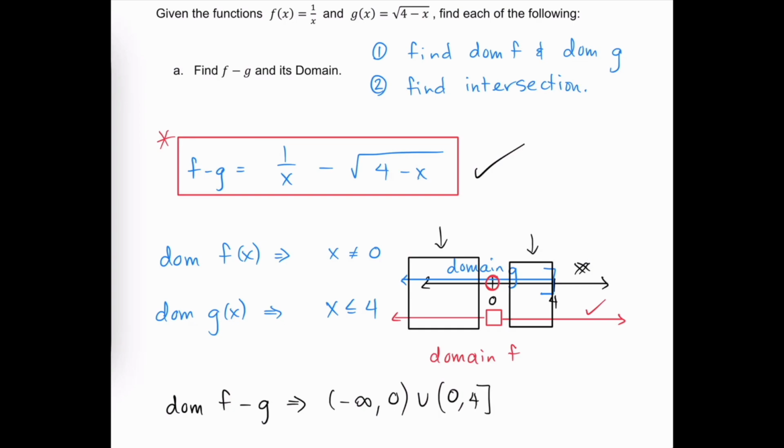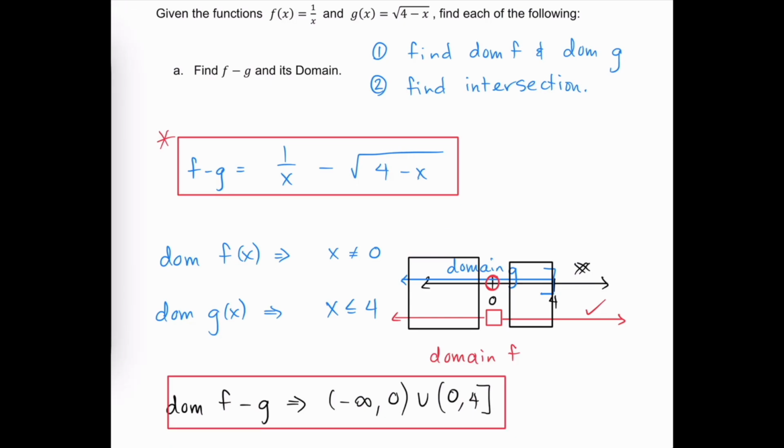We are going to include the 4 because 4 works in both f and in g, meaning that it generates real outputs for f and g. But that's it, because x values that are bigger than 4 would cause an imaginary output in the g function. So these values out here, bigger than 4, are not part of the domain of the f minus g function.